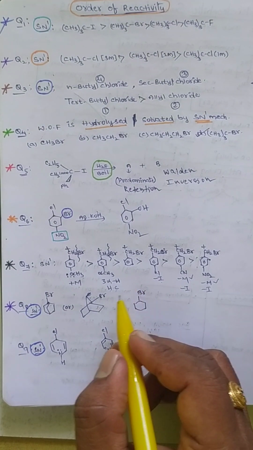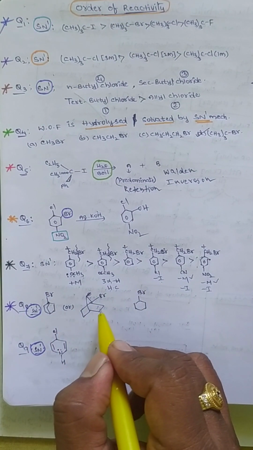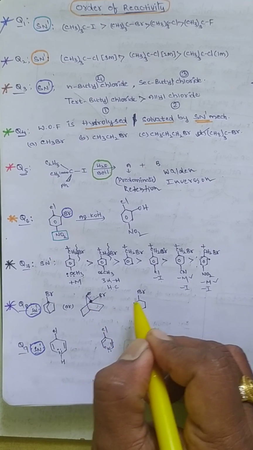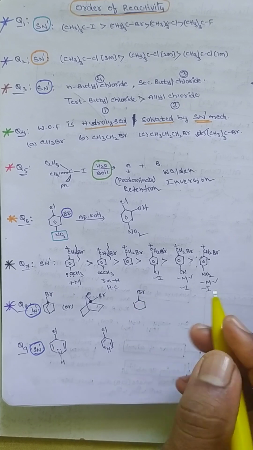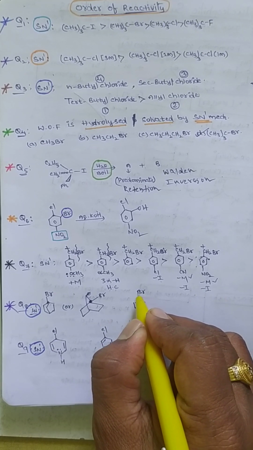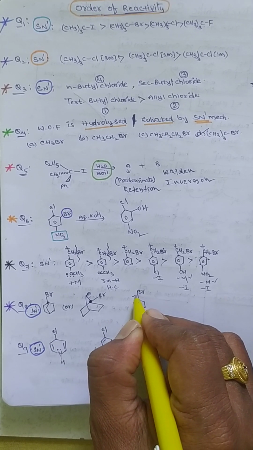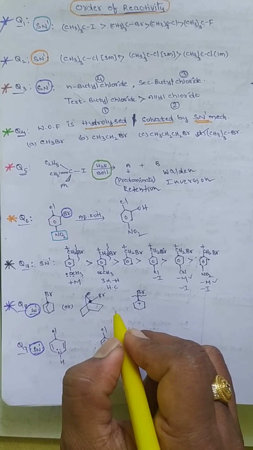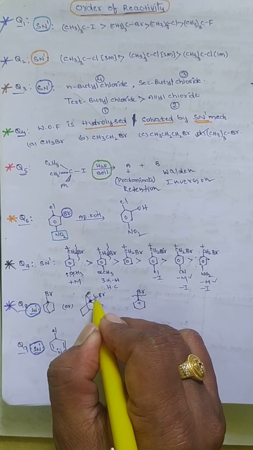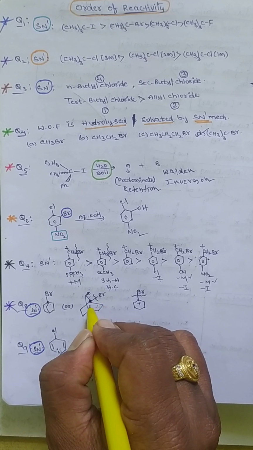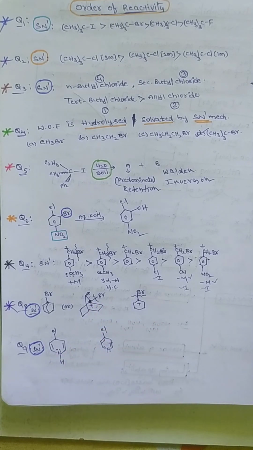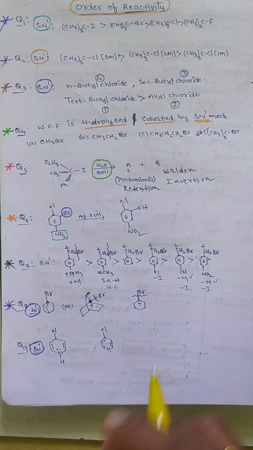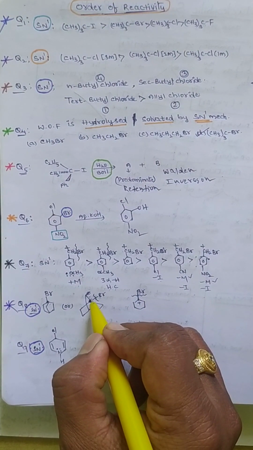Next, another one. Here the halogen is attached at a bridged carbon. Whenever they ask about SN1, you break the carbon-halogen bond and form the carbocation. Now this carbon-halogen bond is broken, and the carbocation is formed at this position, the bridgehead position.